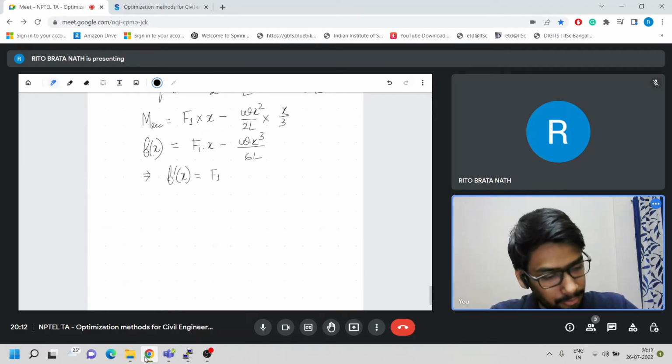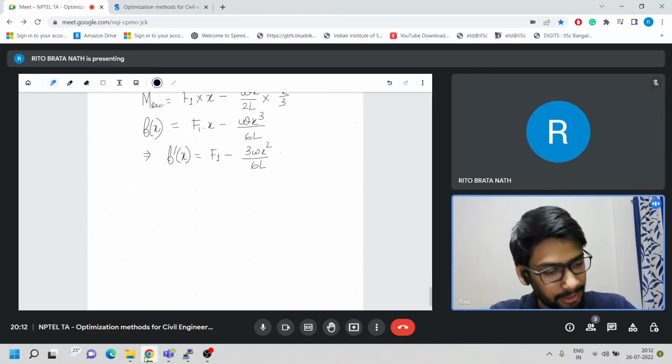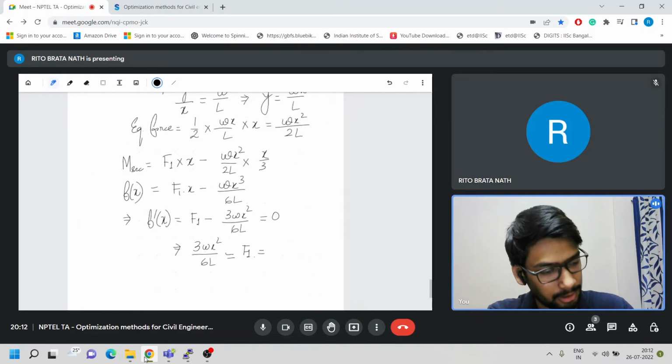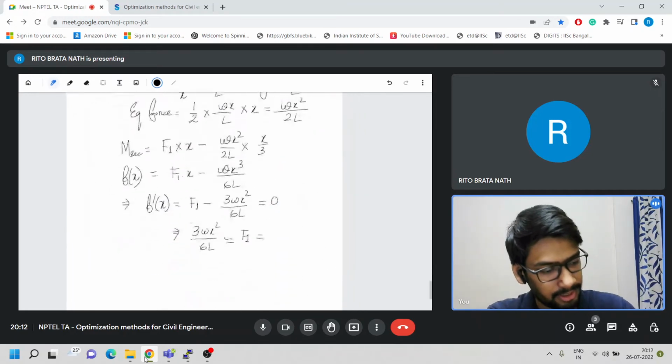That will give you F1 minus 3Wx square by 6L. So let me set it to 0 to get the stationary point. So that will be 3Wx square by 6L equals F1. F1 is nothing but your WL by 6.